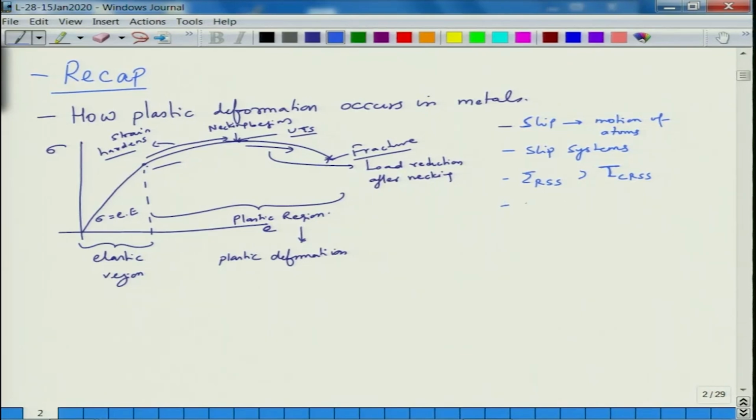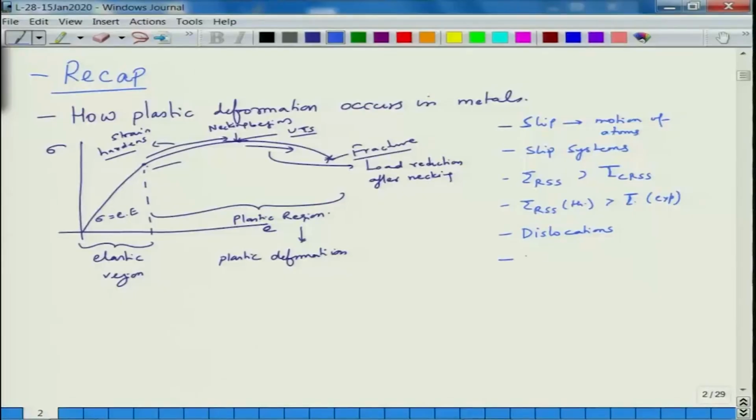So, now we saw that tau CRSS theoretical is way larger than the experimental value, and the reason for this was presence of dislocations in the material, because if you did not have dislocations you will have to break a lot of bonds for atoms to move across each other, whereas if you have dislocations there is an extra one bond per atom in the vicinity of the dislocation, and then with the movement of the dislocation this stress is lower.